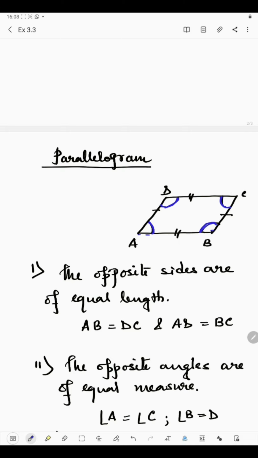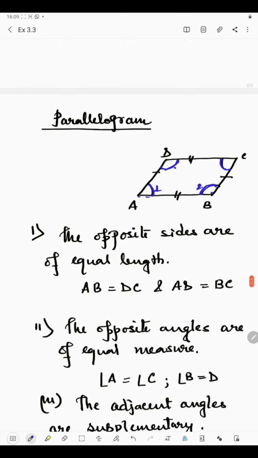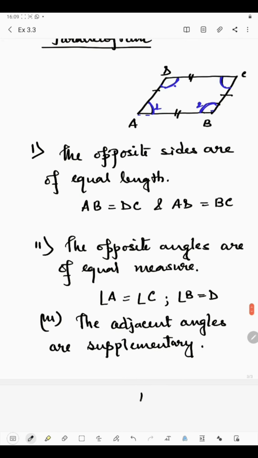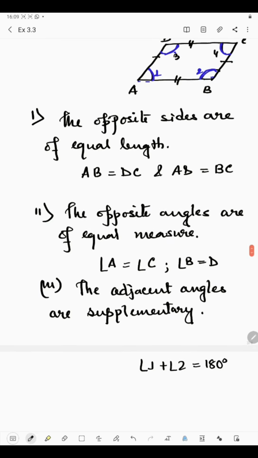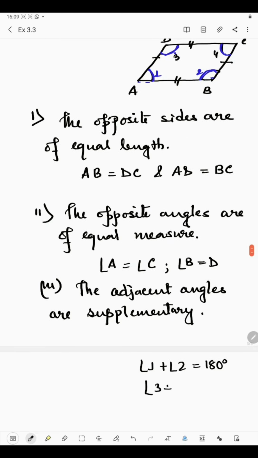Angle D and angle C are also adjacent angles. If this is angle 1 and angle 2, then angle 1 and angle 2 is 180 degrees. Similarly, if this is angle 3 and angle 4, then angle 3 and 4 also make 180 degrees.